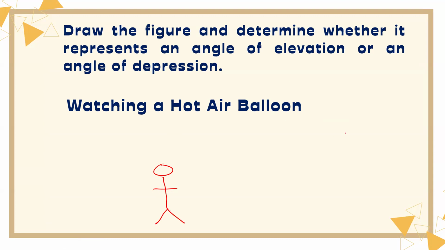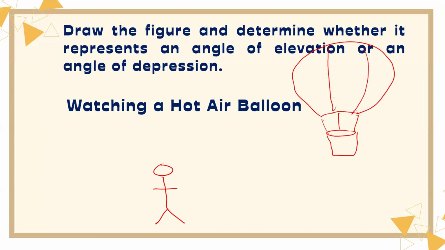All right, very good. So most likely, the hot air balloon would be flying to the sky, right? So you expect that this would be your horizontal line and this would be your line of sight. Therefore, you are looking up. So how would you call that? Is that angle of elevation or angle of depression?